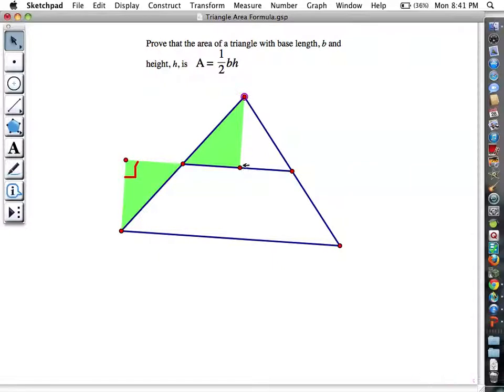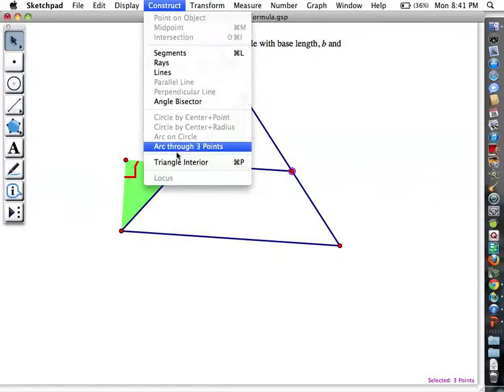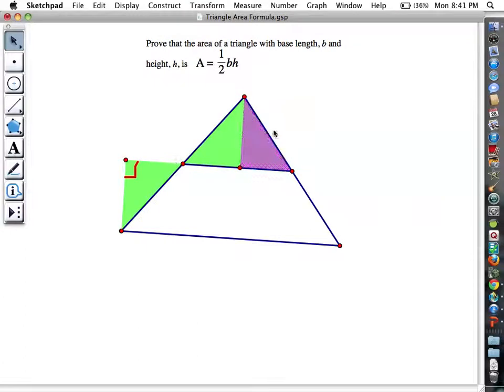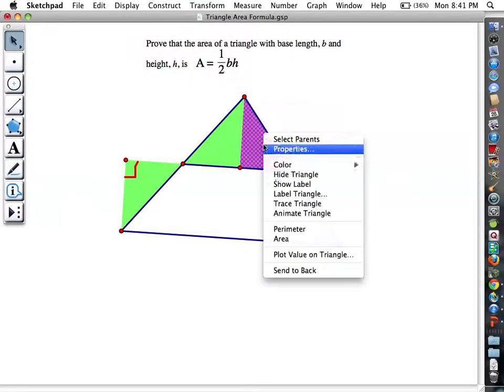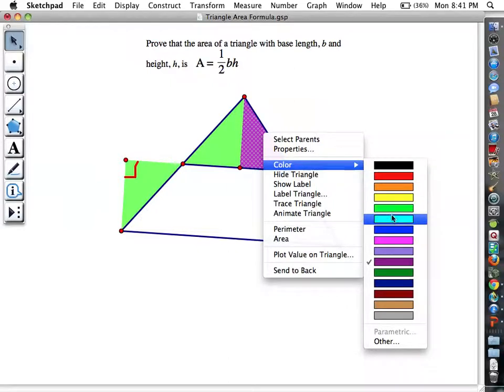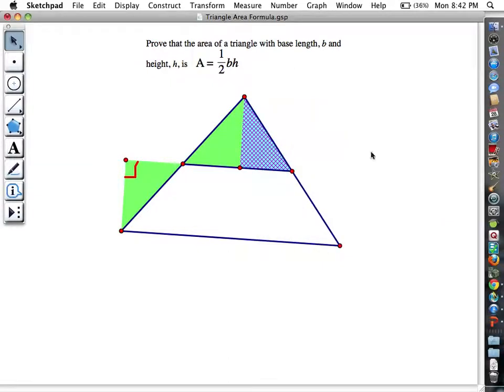In the same way, I want to take this region here, which I'll define first. And let's give that a brighter color. So I'm going to take that region and in the same way hopefully rotate it around to create the corner of a rectangle here.